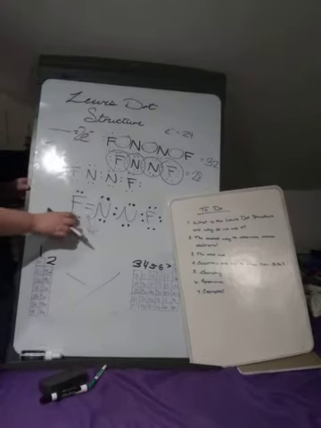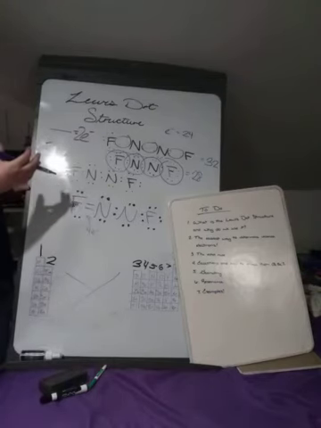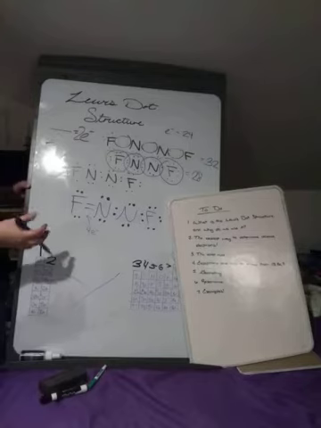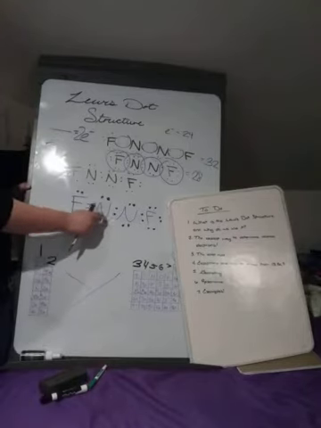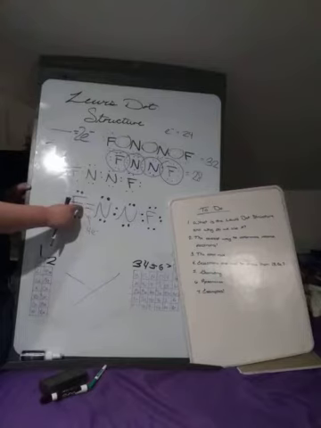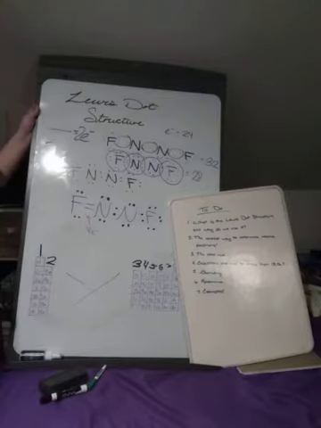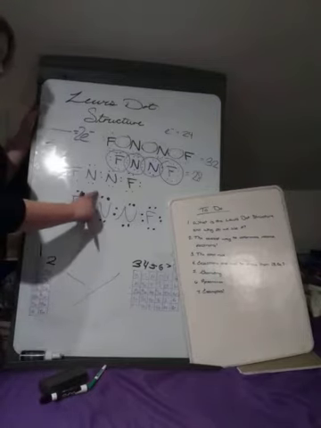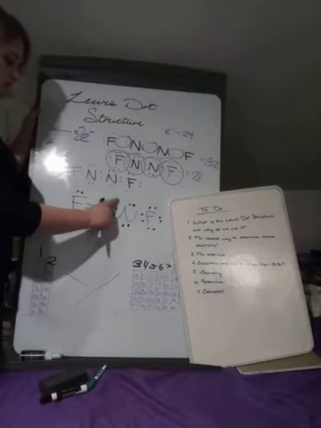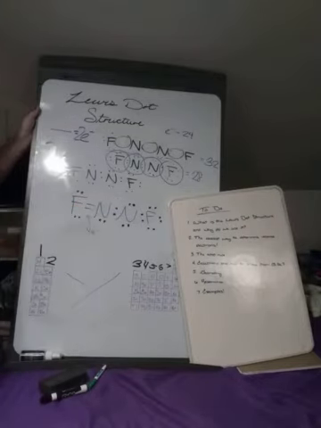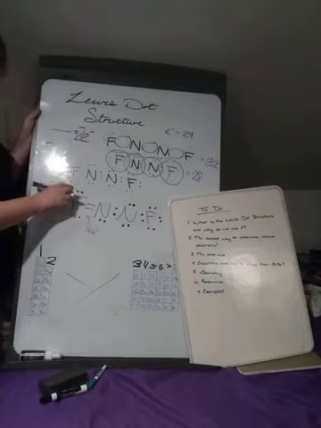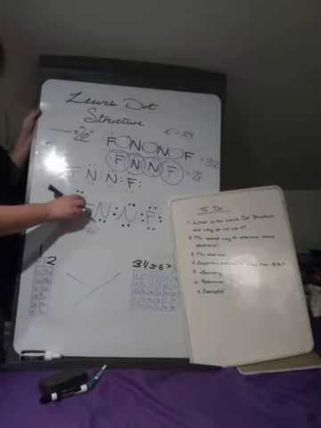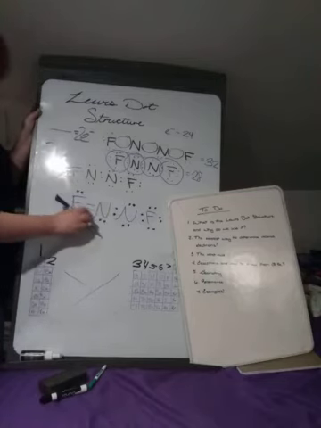So we have 2, 4, 6, 8. Now we have a problem because we have 2, 4, 6, 8, 10. So what can I do? I can absolutely eliminate this. Now look what happens. 2, 4, 6, 8.